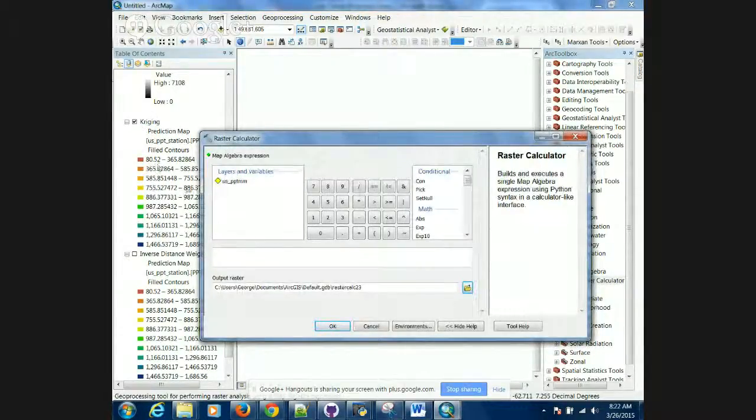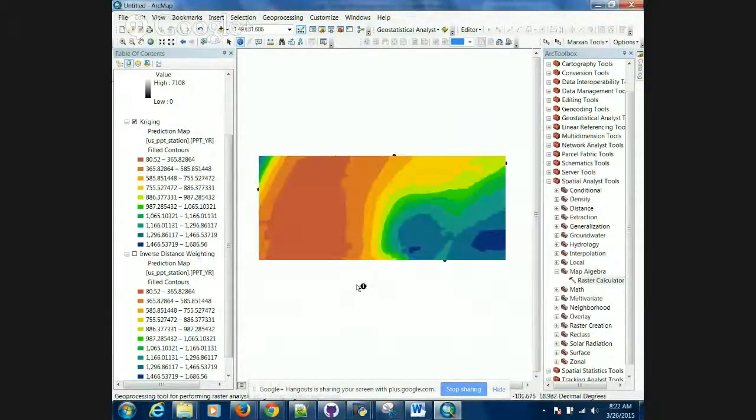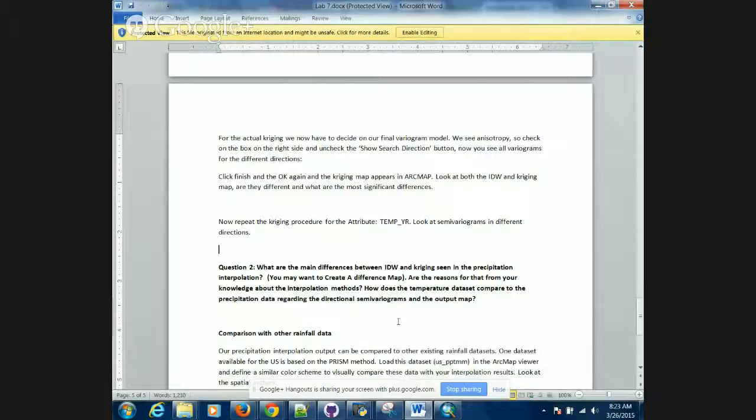I have to convert them into grids and then do the subtraction, press OK. And the result would show me where the big differences occurred. It would show me some of the spatial patterns in the difference between doing an IDW and a kriging, and we did some of that last week. That's why I put that question in there.